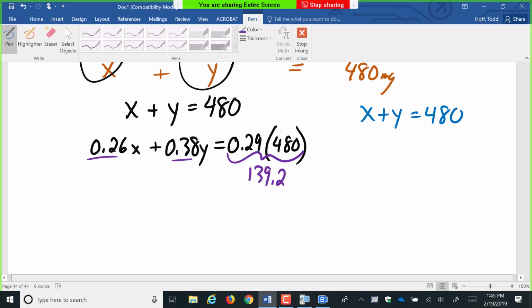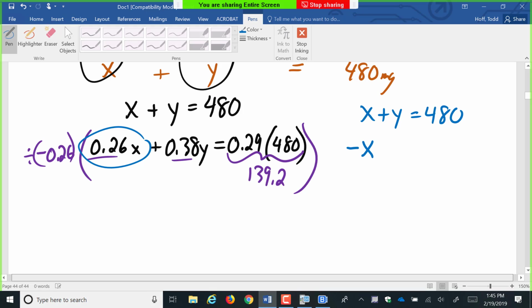So what I'm going to do is divide by a negative 0.26. So what that's going to do is 0.26x divided by a negative 0.26 gives me a negative 1 or just negative x.